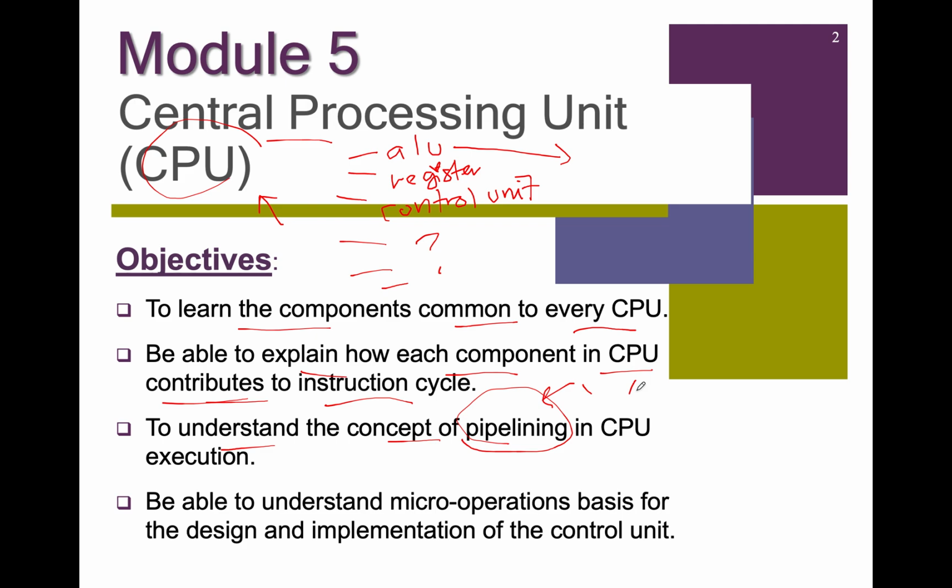If you take those subjects, then normally you're going to look into these pipelining terms. Also, be able to understand the micro-operation basis for the design and implementation of the control unit. So these are the four objectives we're going to cover in our module 5.